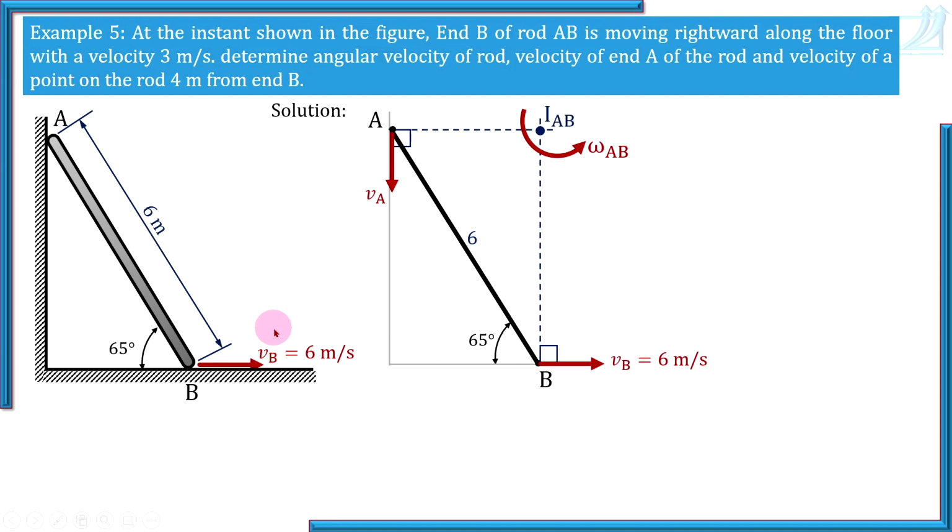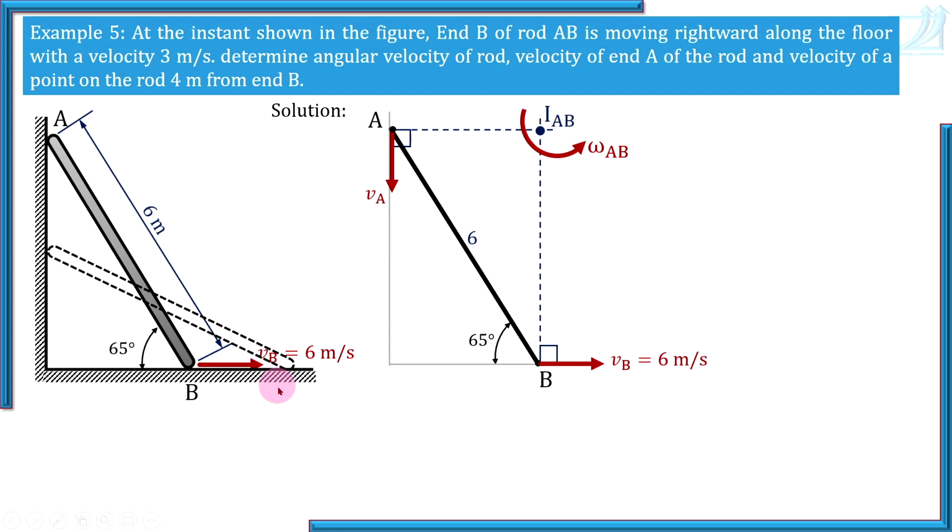Let's try to visualize this motion. Watch here. End B is sliding rightwards from the wall, away from the wall. So watch here, initial position, and I have taken a photograph, imagine, at a certain position. Have you noticed that during the motion, the angle of the rod with the ground is changing?